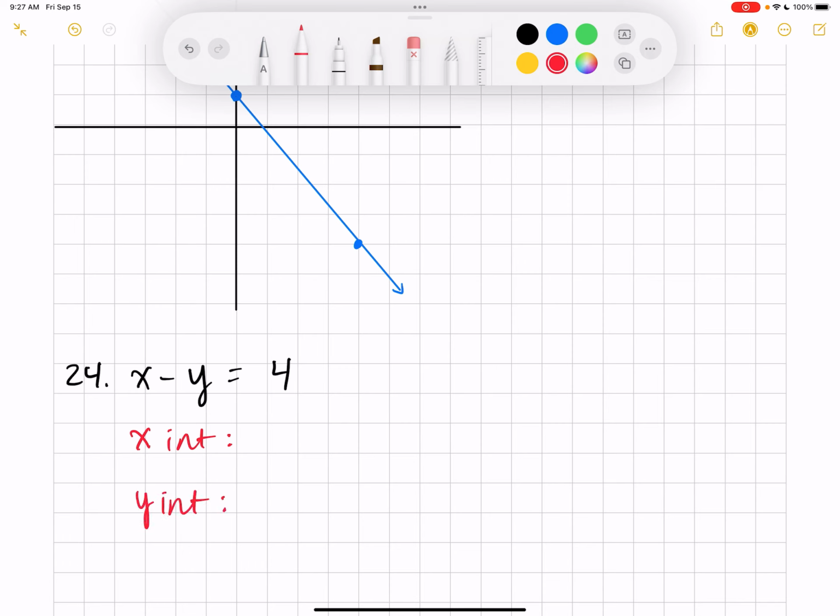So to find the x-intercept, I cover up y. It's basically set y equal to 0. So that just says x is equal to 4. So my x-intercept is at 4. For the y-intercept, I make x 0, so I cover it up. So I have negative y is equal to 4, so the y-intercept is negative 4.